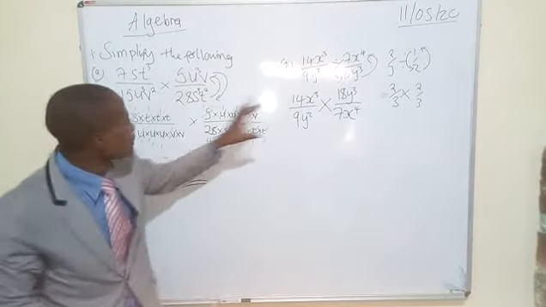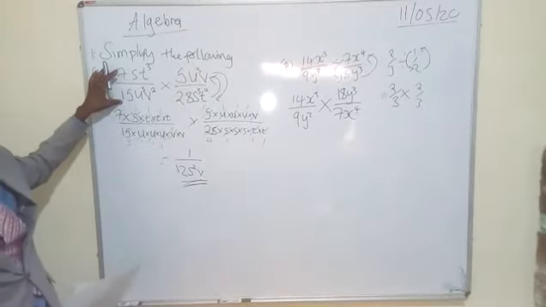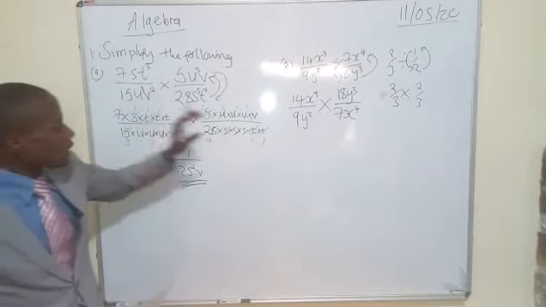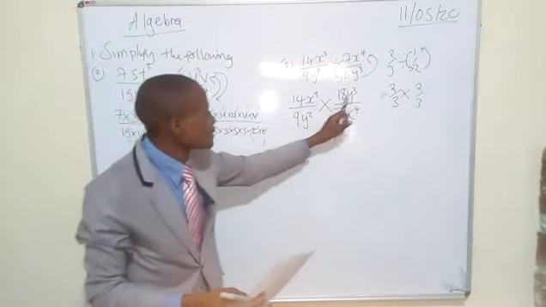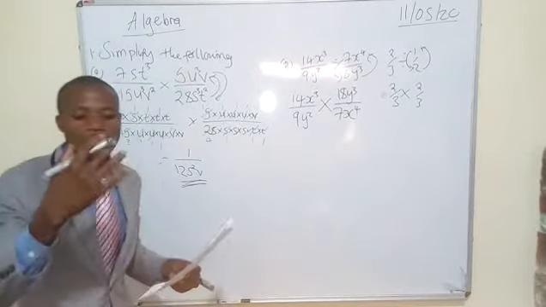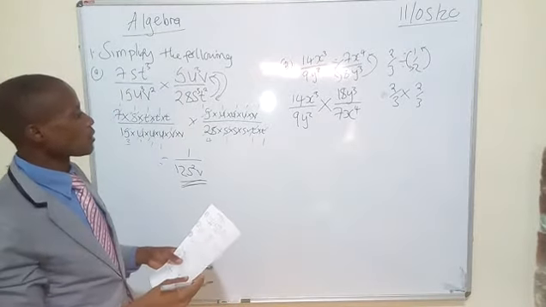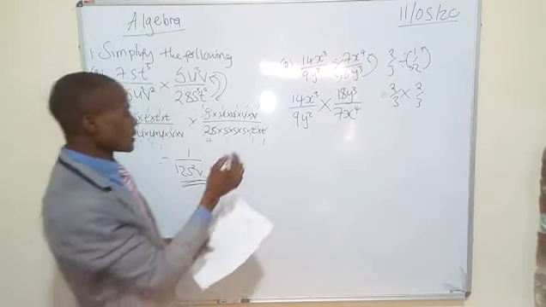When you reach here, it is similar to that one. Now we can expand these so that you can easily cancel what is common between the top and the bottom. So let's expand these.